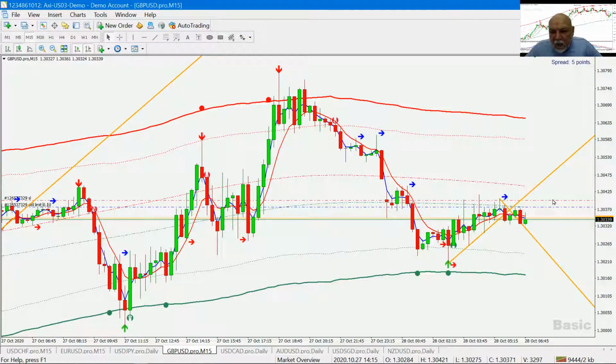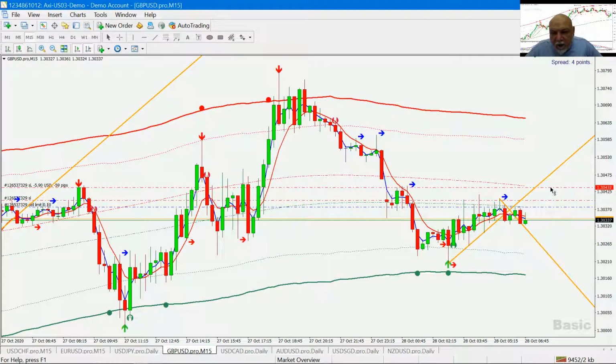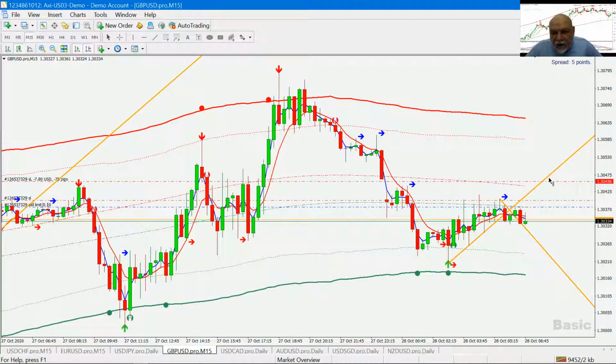Okay, and I'm going to move this stop loss now, if I can grab it. I'm going to put it just to the other side of that down moving middle band. And so I've got about an 8 pip stop loss.